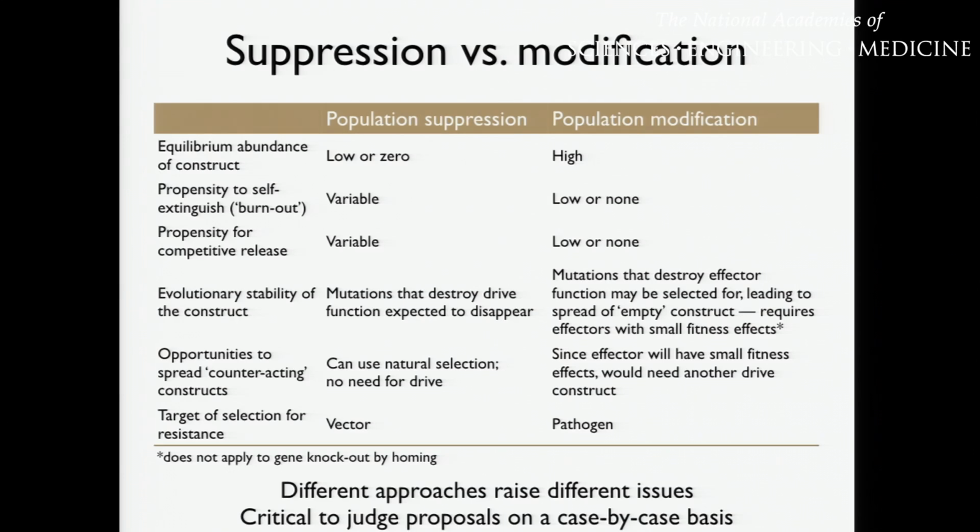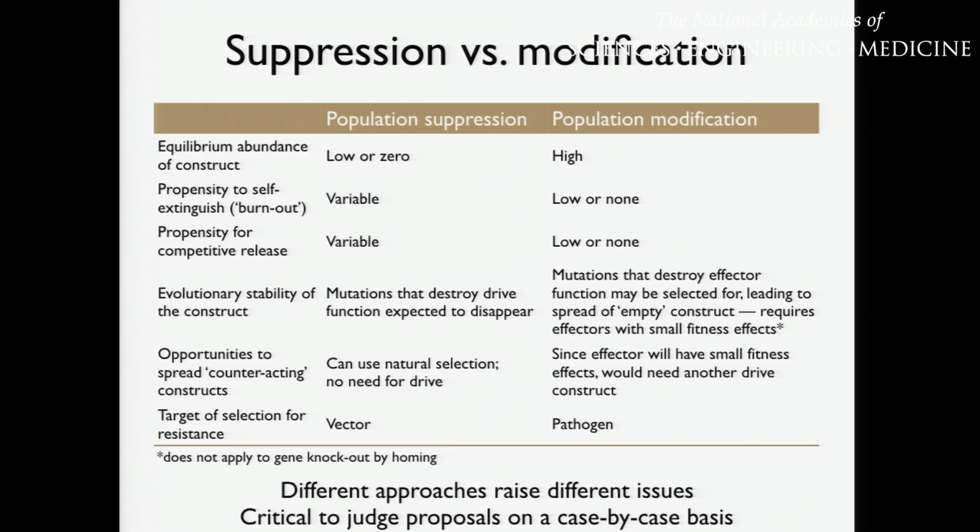These different approaches of suppression versus modification raise different sorts of issues, and so have different features. Obviously, in one case you're reducing the numbers of the organism, while in the other you're leaving the numbers intact and changing how harmful they are. In terms of the equilibrium abundance of the construct once you have rolled out your intervention, under population suppression the construct is either in low abundance or not present at all, whereas with population modification your construct is at high abundance.